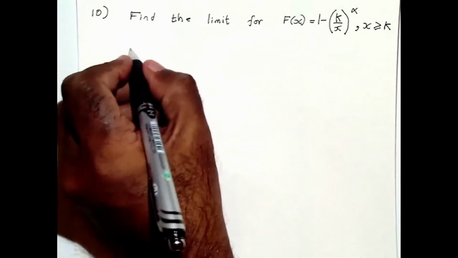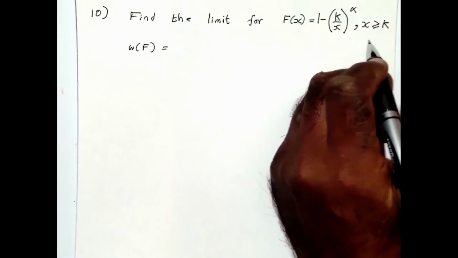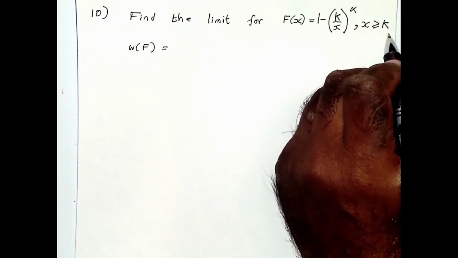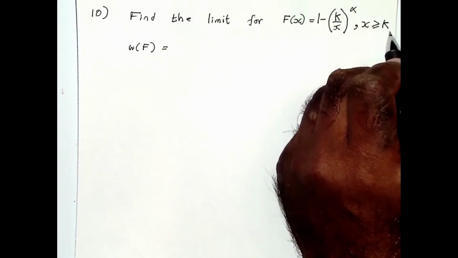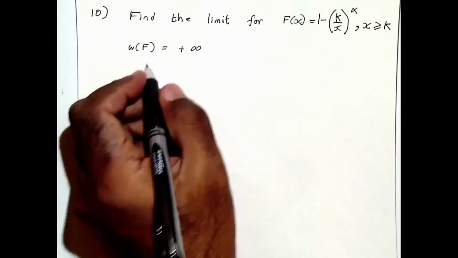Once again, the first thing to do is to determine the upper end point. The support here is x is greater than or equal to k. So the largest point of the support must be plus infinity.